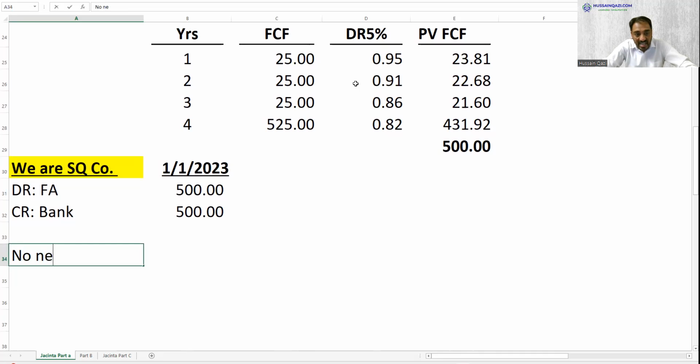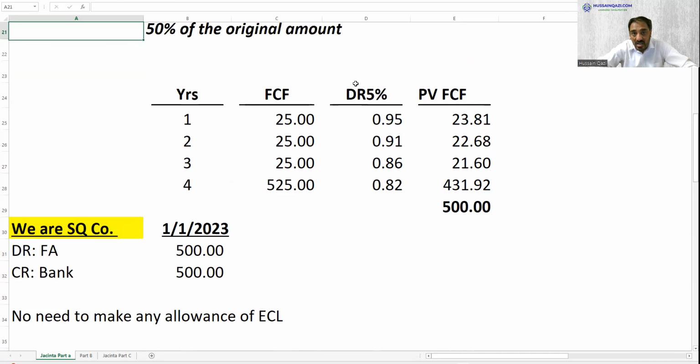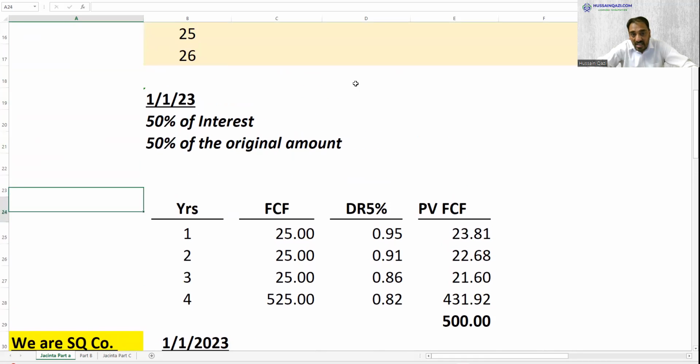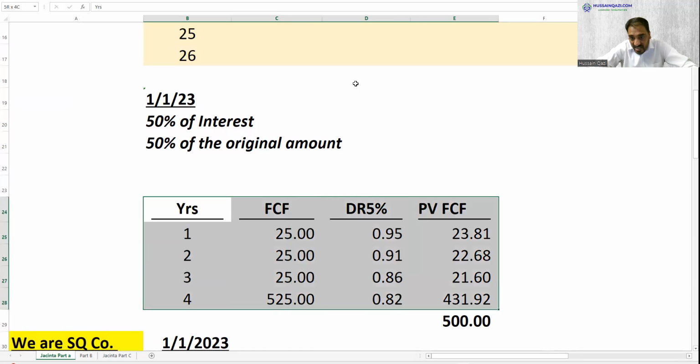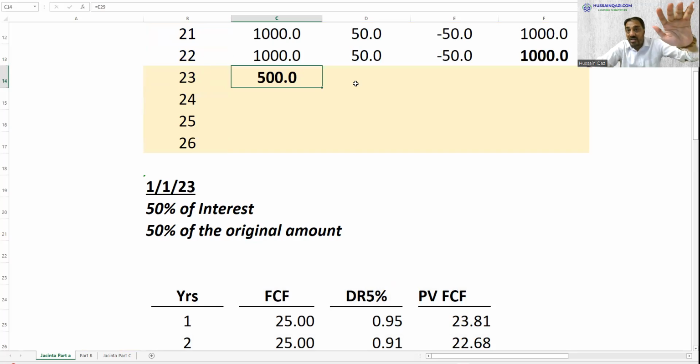Here there is no need to make any allowance for expected credit loss. Why, sir? Because whatever the chances of loss have already been incorporated into this 500, this lower value, because the original value was 1000.